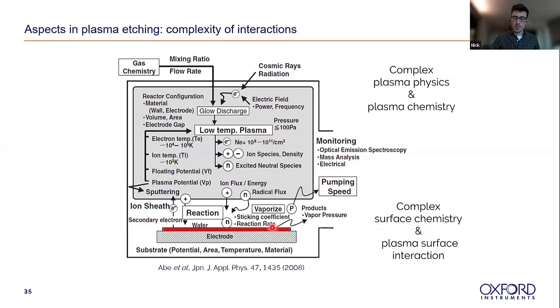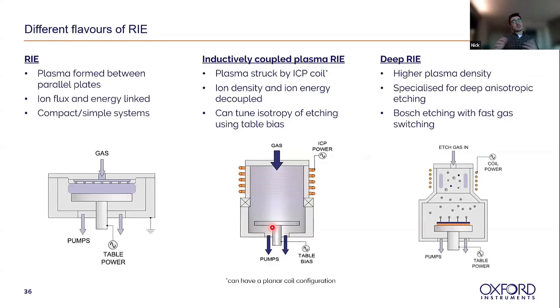Similar to ion beam etching, there are also many different, well, 3 different flavors of RIE, very broadly. There's the very basic systems, and these will be capacitively coupled plasma reactive ion etch systems. So your plasma is formed between the two parallel plates. You typically have one powered electrode on which the substrate sits, and then you've got your grounded plate at the top.